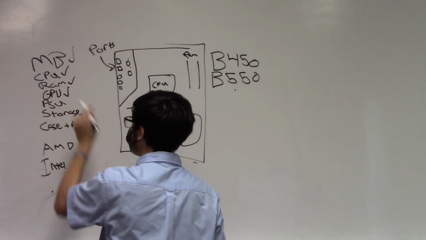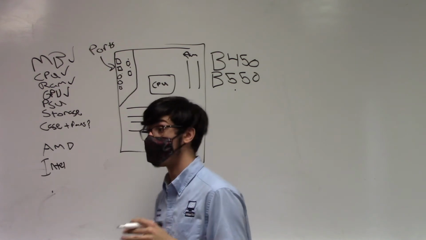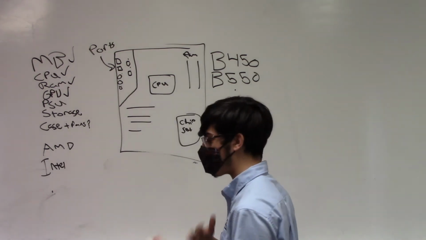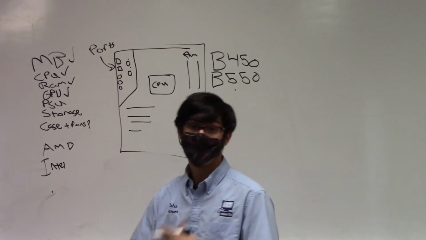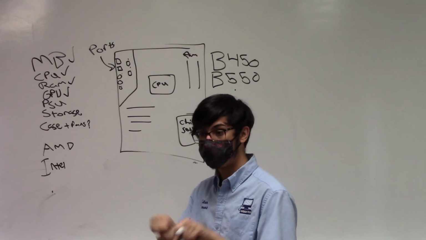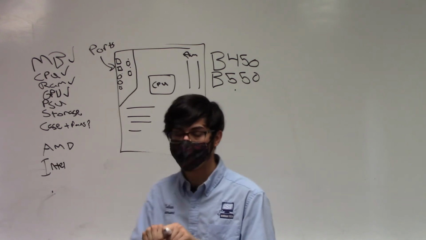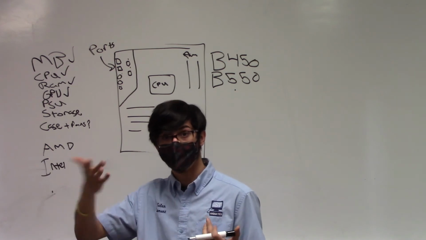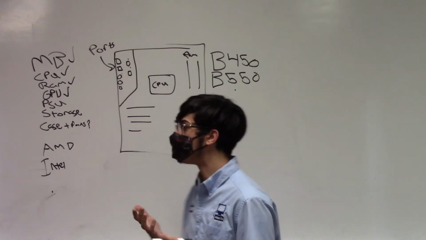Next is our PSU, or our power supply unit, or just a power supply. Now, a power supply, again, is very, very important, because if you don't have a power supply, you can't even turn on the PC. Now, your power supply is where you plug in the cable that you plug into the wall or power strip, and then it has a switch on it that turns it on and off.